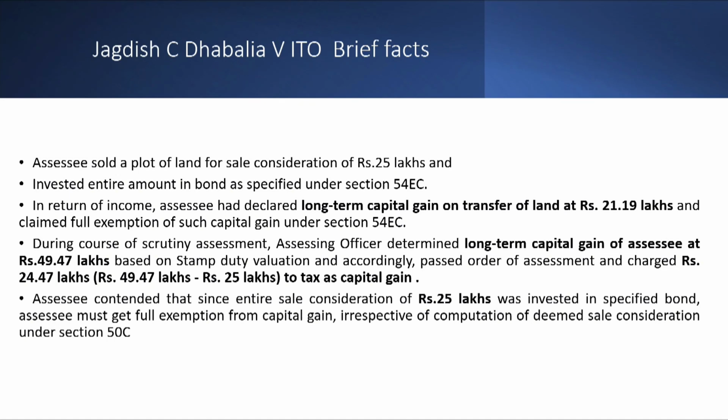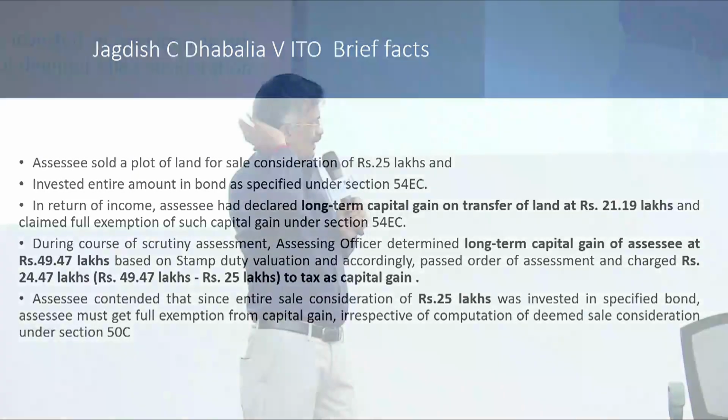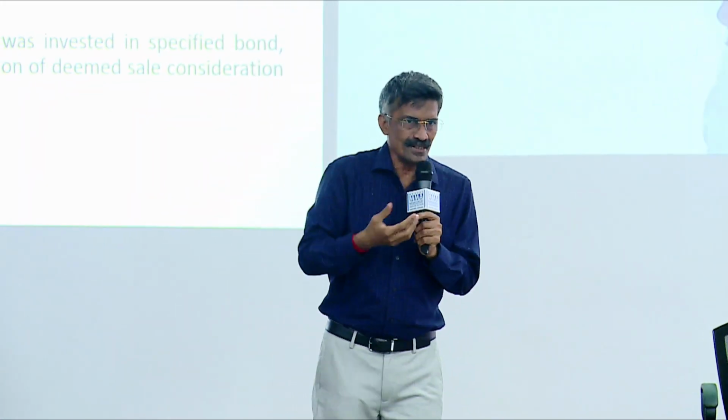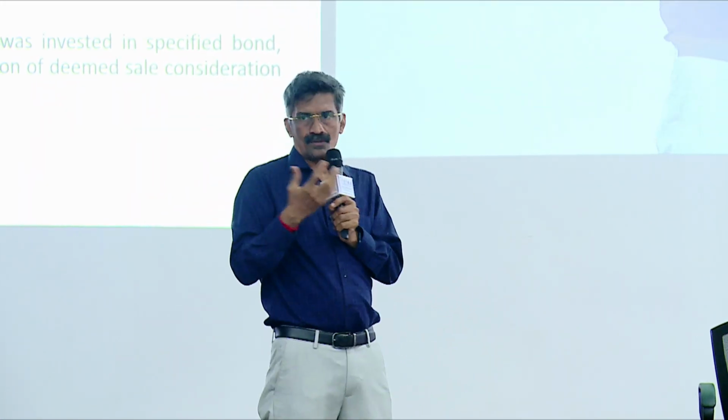There was a sale of a plot of land for a consideration of 25 lakhs. The entire 25 lakhs was invested in 54EC bonds. The assessee declared a long-term capital gains of 21.19 lakhs. Obviously, the difference of 4.81 lakhs is the indexed cost of acquisition.